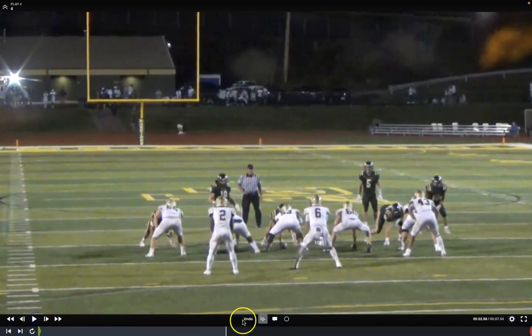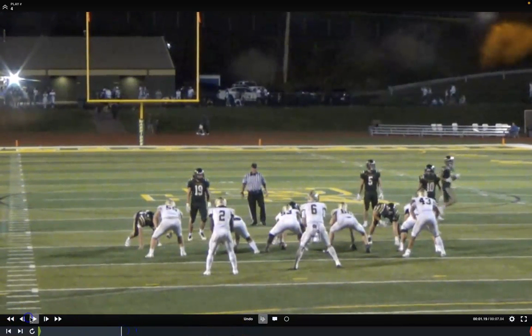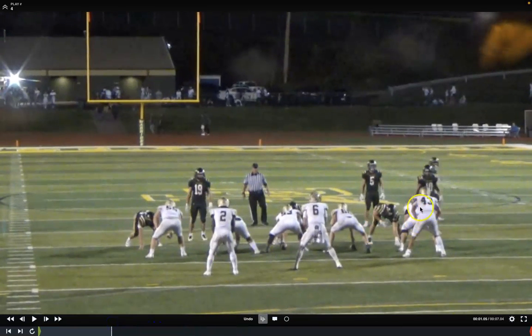Okay. You have somebody who keeps their hand in the dirt the same, which is the nose guard. Same thing with the left end, keeps the same hand in the dirt. However, let's take a look. I'm sorry, this is the right end. Let's take a look at the person I just circled right here.